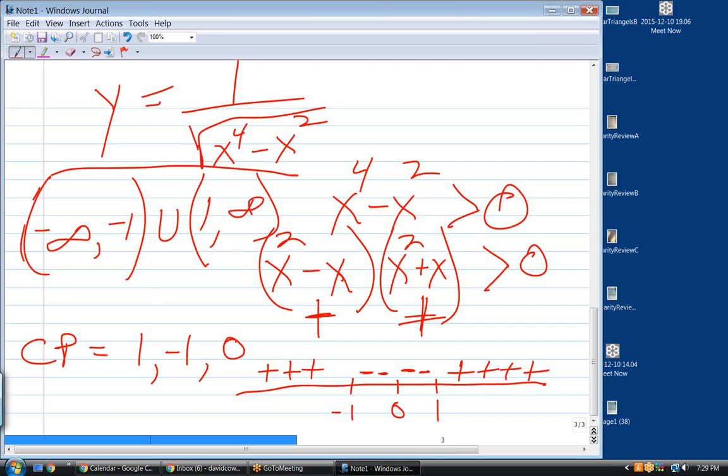So there's my interval for my domain. In other words, I cannot have any number between there, otherwise it produces, notice that 0 would give me 0 down here, and any number in this area produces a negative number.